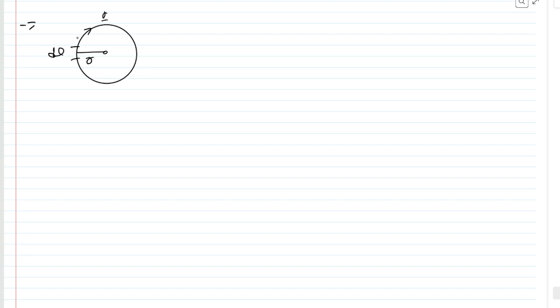Now dl vector will be pointing in this direction, and r vector, the position vector of dl from point P where we want to find the magnetic field, is in this direction. So if you redraw it, this is dl vector and this is r vector. The angle between them is 90 degrees, so theta is equal to 90 degrees.